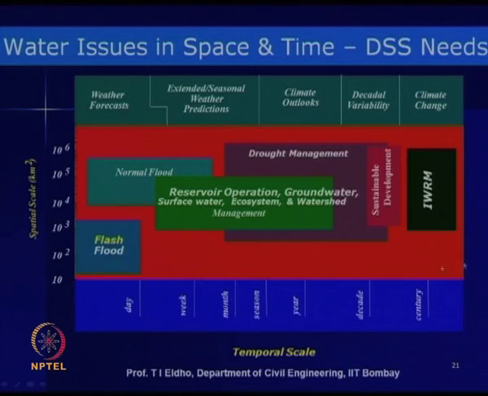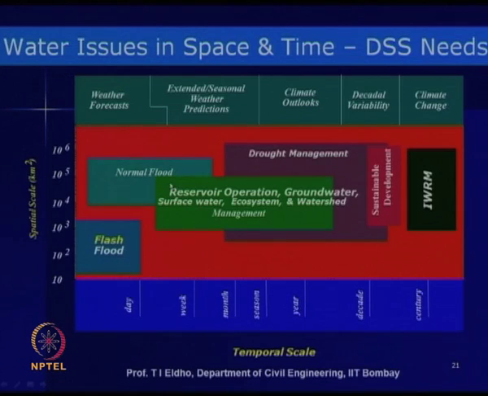So, this is temporal variation, spatial variation, and then the issues are concerned like either weather forecasting or extended seasonal weather predictions, then climate outlook, and then if it is long term prediction or long term effects, then decadal variability, or climate change, where we have to consider century variations.